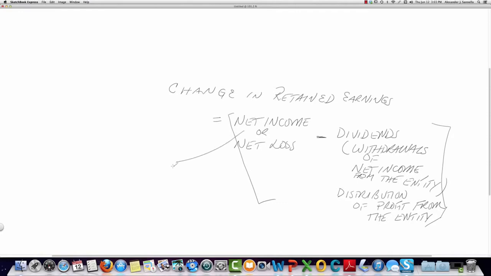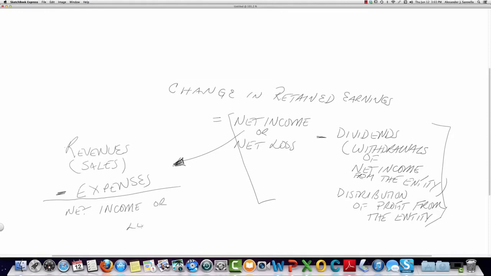Now, the net income or the net loss for the period will be your revenues, for example, sales, minus any expenses. So that is your net income or your net loss for the period.